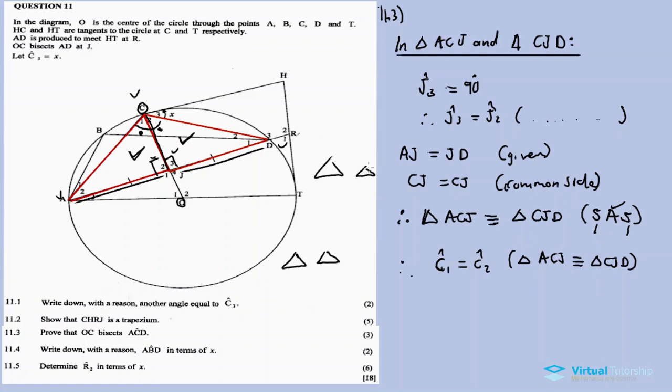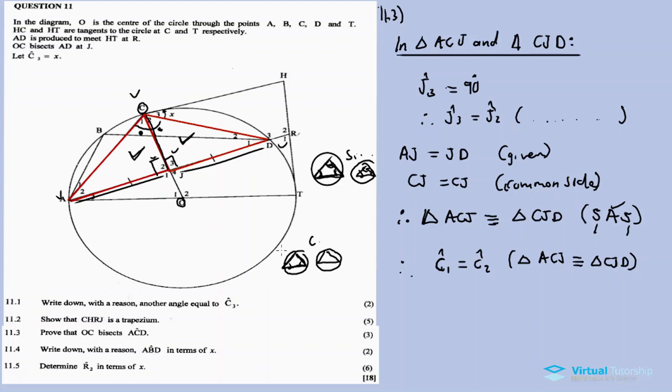With similarity, the triangles are similar in terms of angles, but the size of the two triangles may not be the same, but our angles will definitely be the same. So this is similarity, and this is congruence. Congruence: the size must be the same, the angles must be the same, the lengths must be the same. With similarity, our angles are the same, but the sides don't have to be the same, and the sizes don't necessarily have to be the same as well.